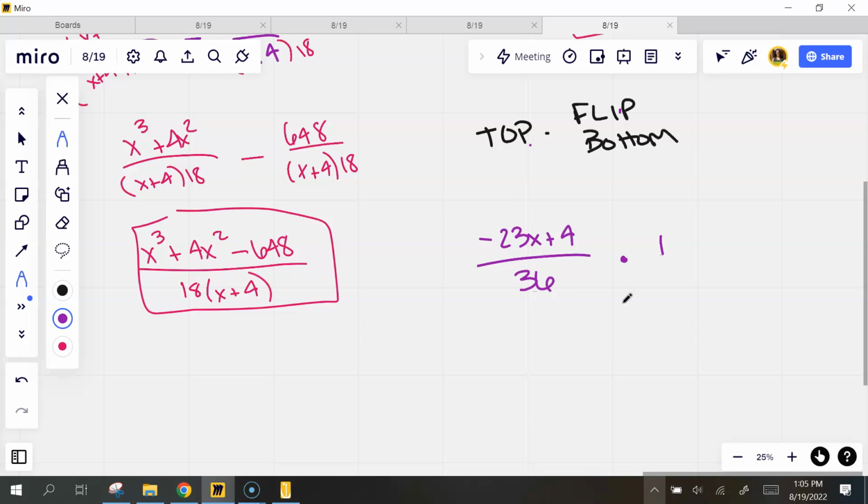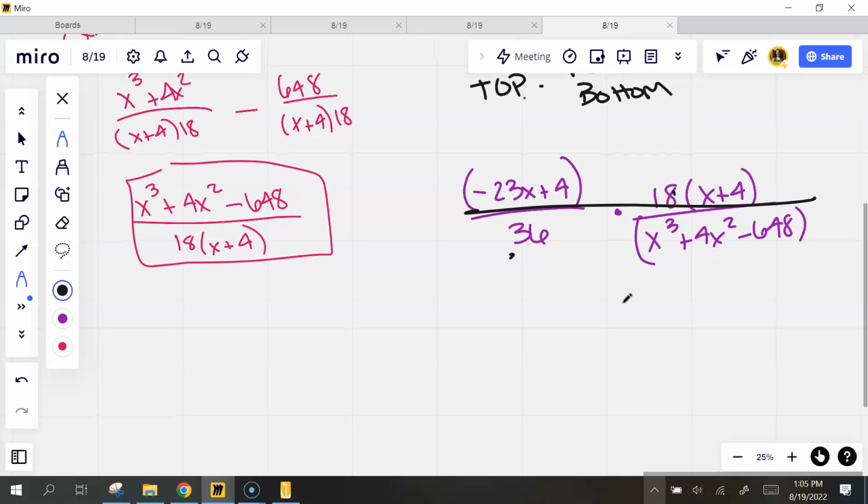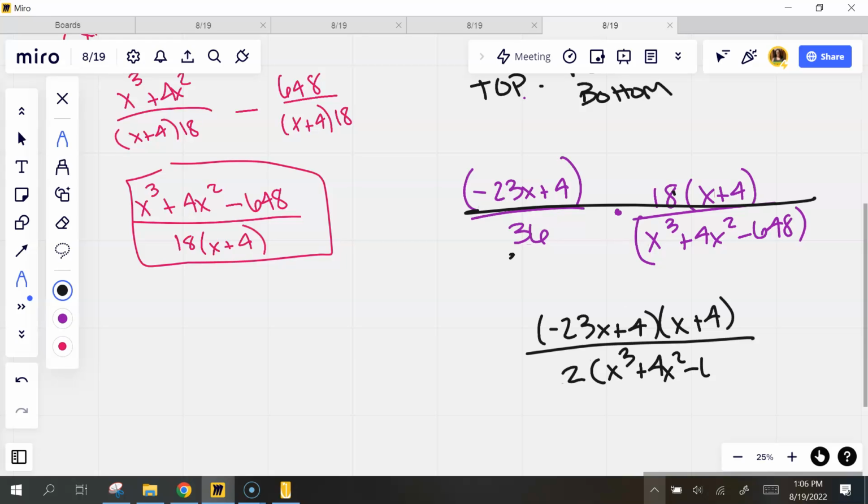Flip it. 18 divided by 36 is 1/2. Does that help you see it?